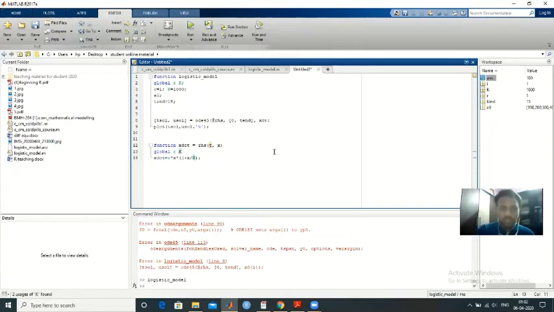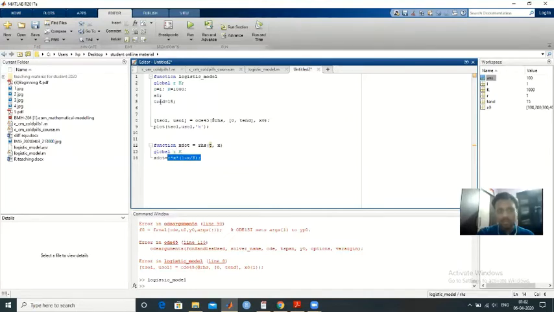What is our equation? Our mathematical equation, or differential equation, is given as r times x times (1 minus x by k), where r and k are the parameters. So I have defined r and k as the parameters.